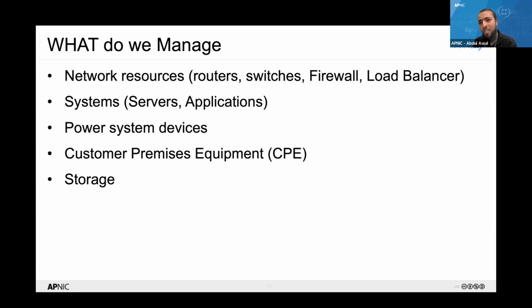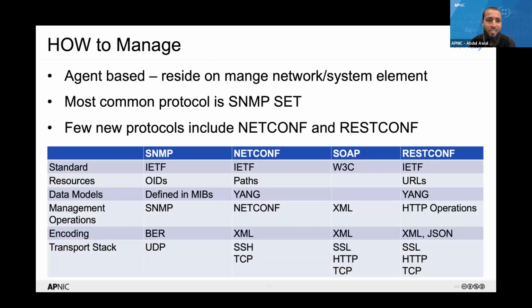Many companies provide those CPEs by themselves, or the ONU, optical network unit. These are also some of the elements that you have to provide to the customer end, but you want to monitor them to see whether there is a problem in the network on their side or not, right? Your storage, for example, the servers have storage, whether the storage is full or not, things like that.